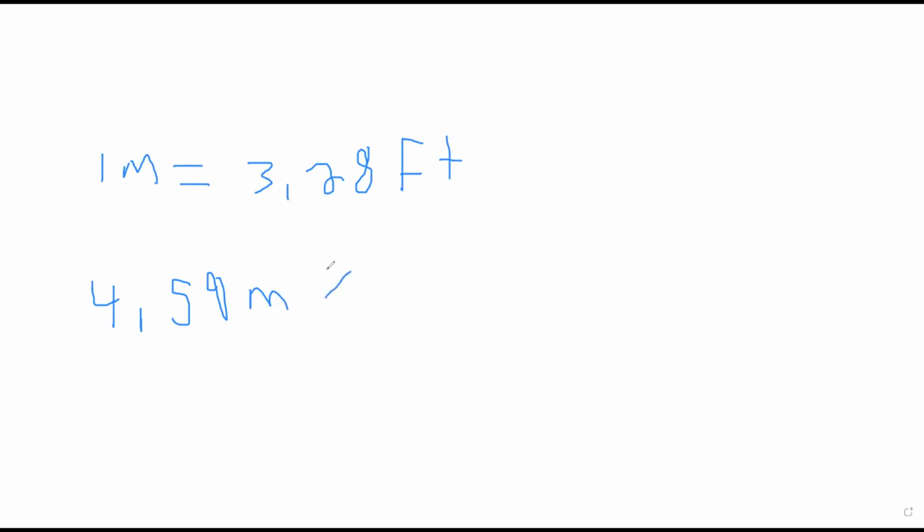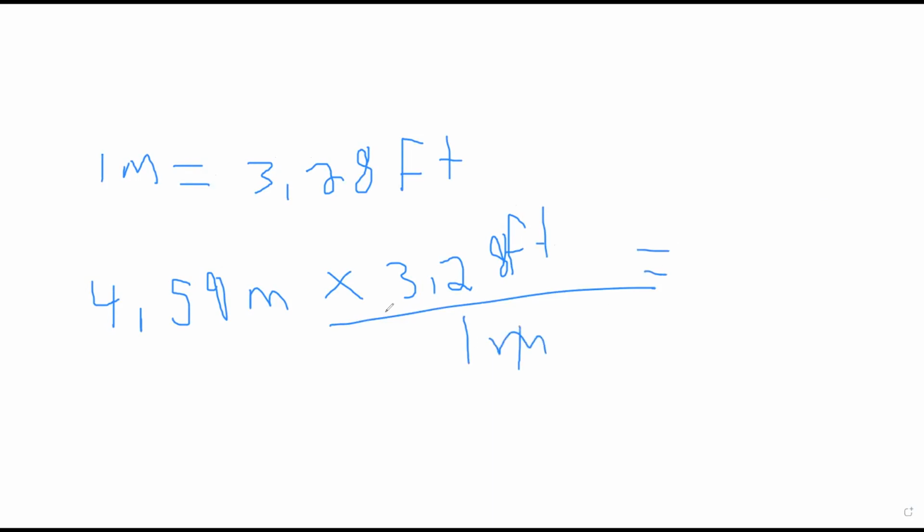So we would multiply this times 3.28 feet divided by 1 meter. Meters cancel out, and we get approximately 15 feet. So that's the height that the object was raised to in 30 seconds.